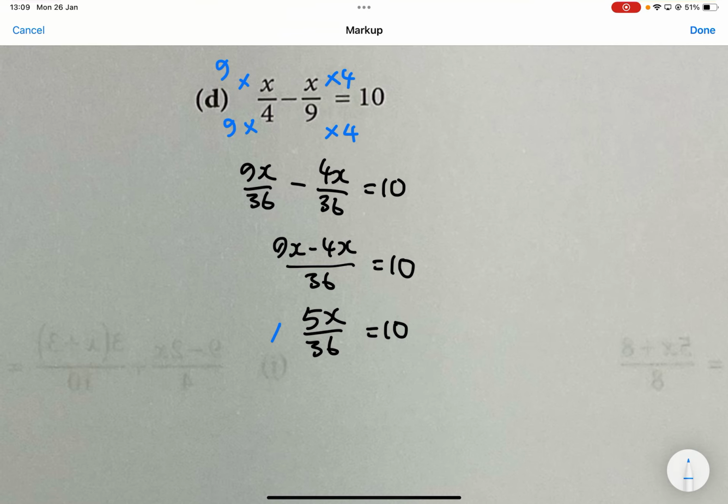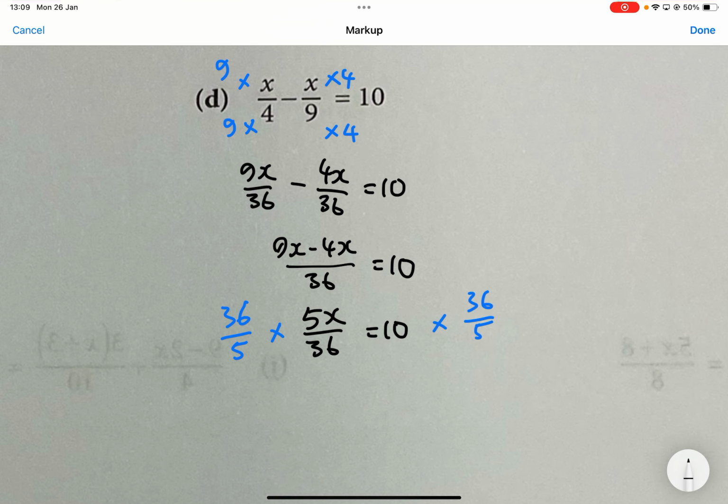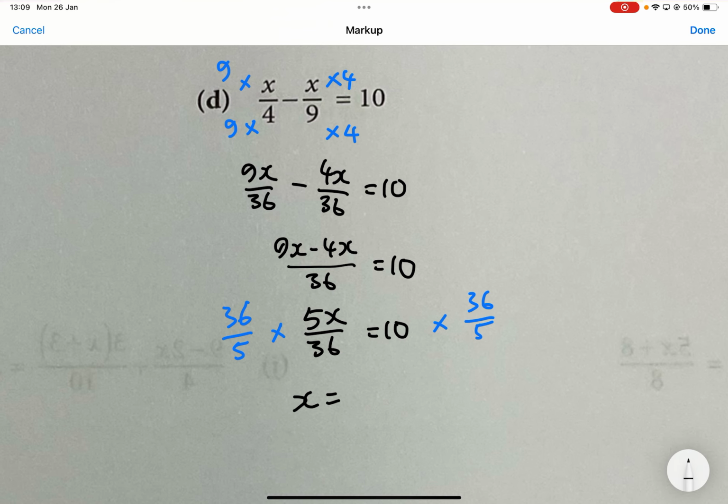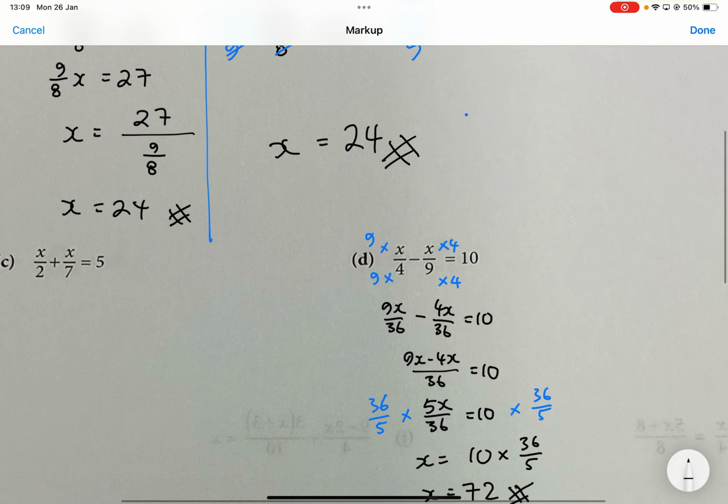To get 1x, I need to divide by 5 and multiply by 36. Yes. Okay? Okay, try B, C.